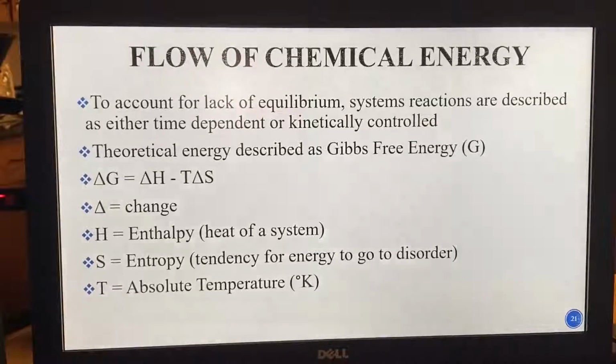So to go from water to ice, what happens to the molecules? Going all the way back to basic chemistry, do they speed up or slow down? Slow down. They slow down and form a solid, right? So as temperature decreases, entropy will increase.